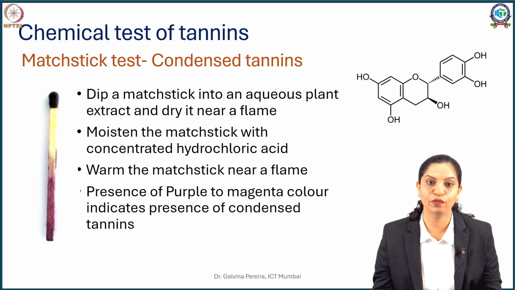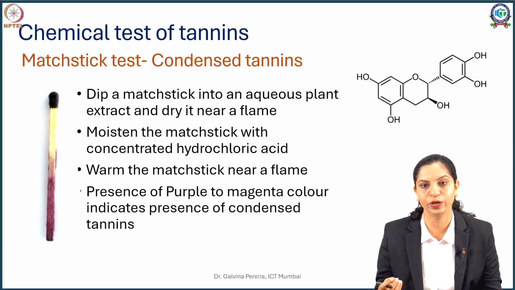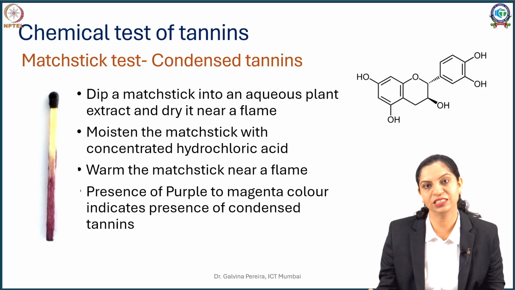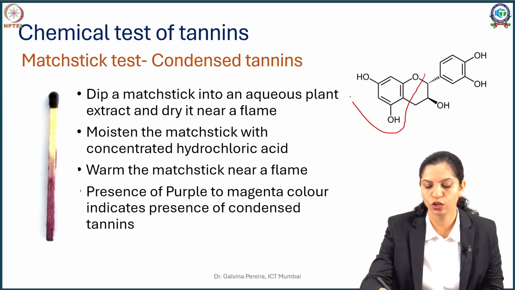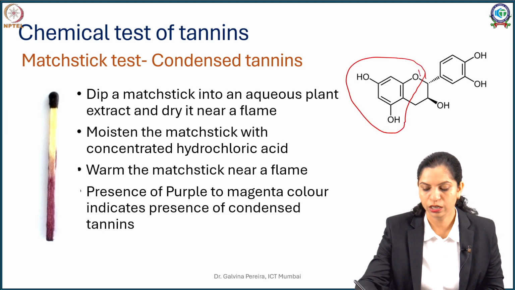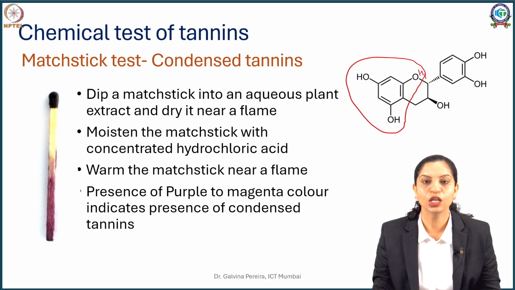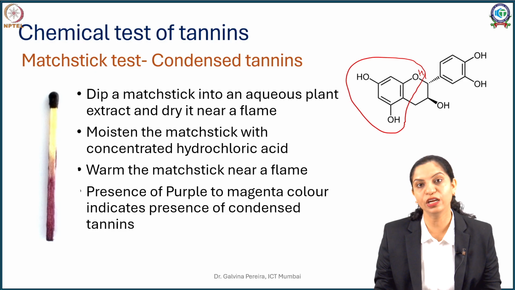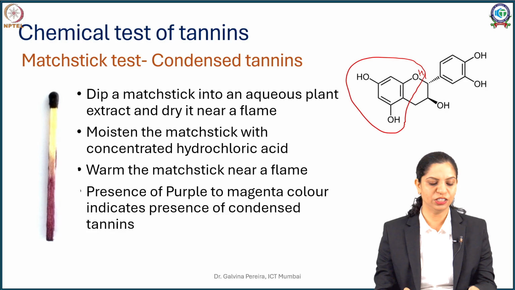As it reacts, if I dip the matchstick in concentrated acid such as hydrochloric acid, slowly this molecule breaks down to give what is called phloroglucinol. This phloroglucinol has a tendency to react with the lignin to give purple color complexes. So lignins react with this free phloroglucinol moiety and I get a purple magenta shade.